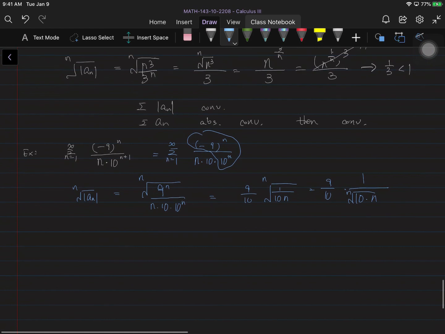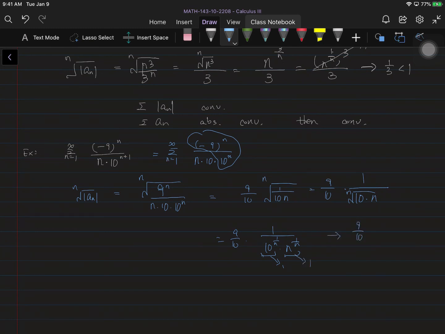Let's do a little more detail. So 9 over 10, 10 to the 1 over n, and n to the 1 over n. Those two are both commonly used limits, and they all go to 1. So the whole limit goes to 9 over 10.